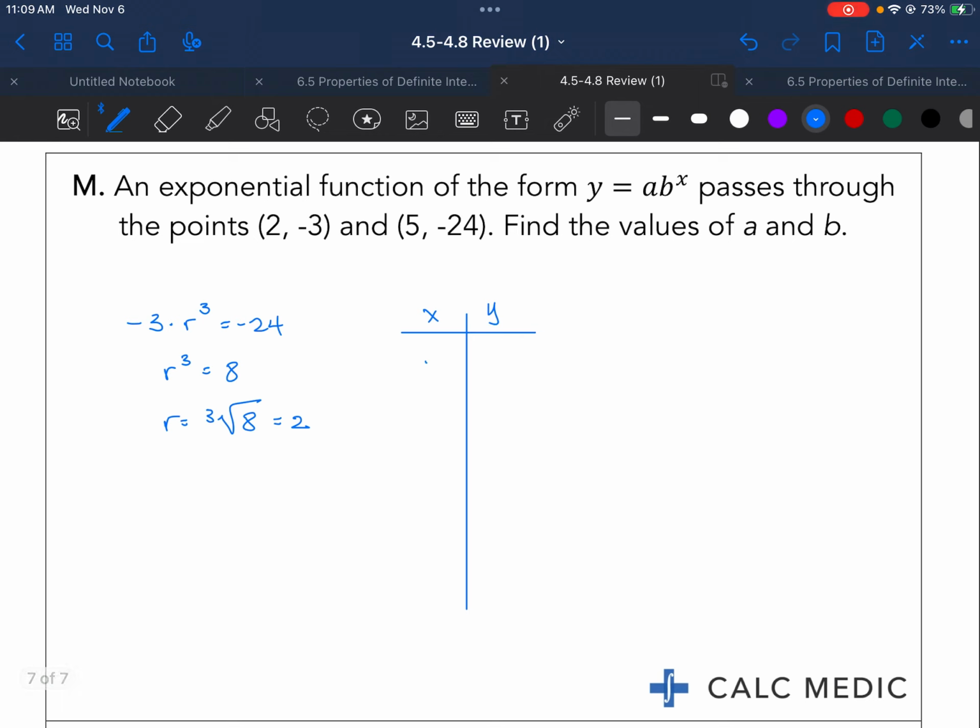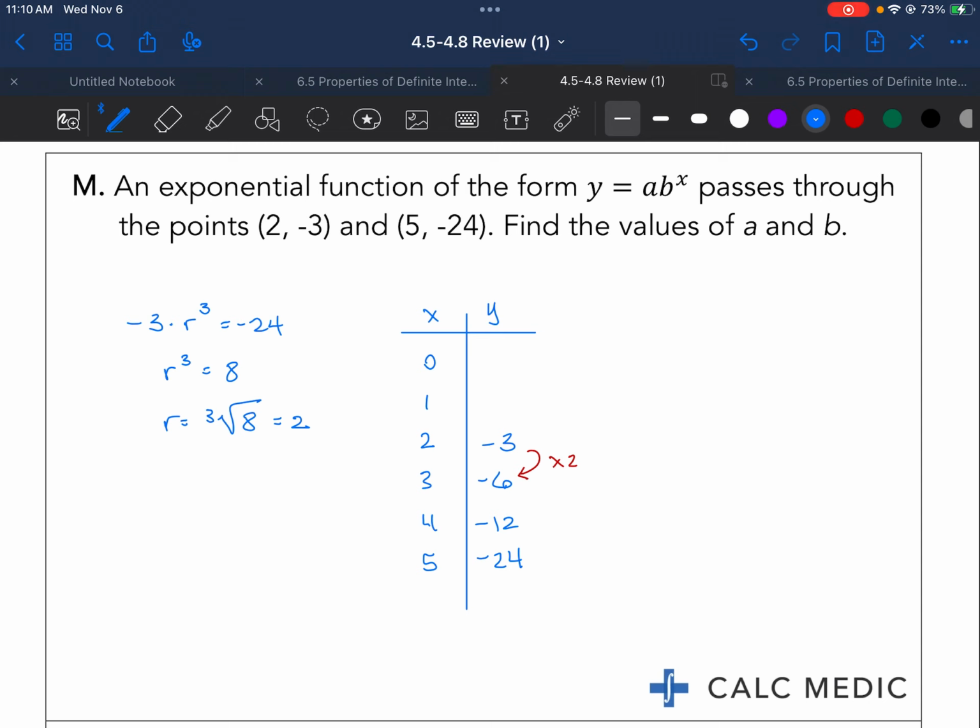We already know that 2 was at -3, and 5 was at -24. And we know every single time, from what we just found, we're multiplying times 2. So -3 times 2, that's -6. -6 times 2, that's -12. -12 times 2, that's -24.